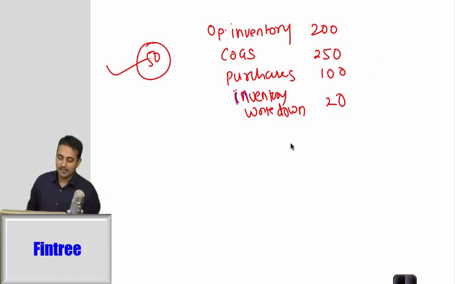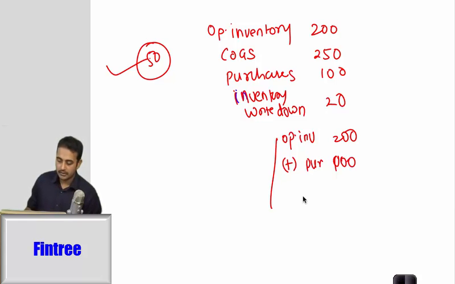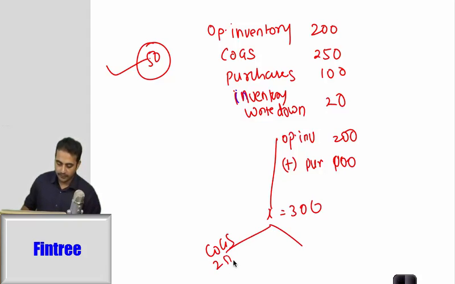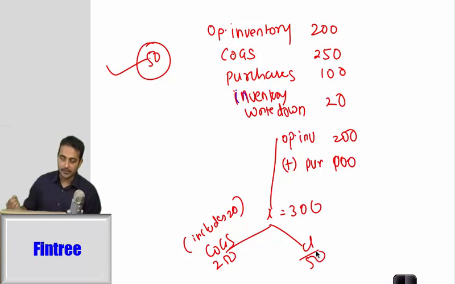So now on your flowchart, opening inventory is 200, your purchases are 100, so X is 300. Now we have a COGS of 250, and that COGS of 250 includes inventory write down value of 20, and therefore your closing is 50.